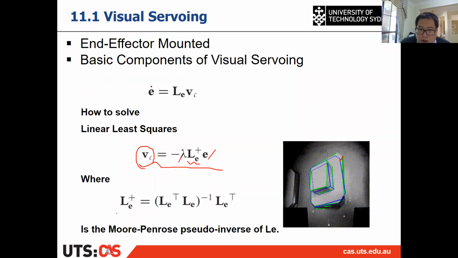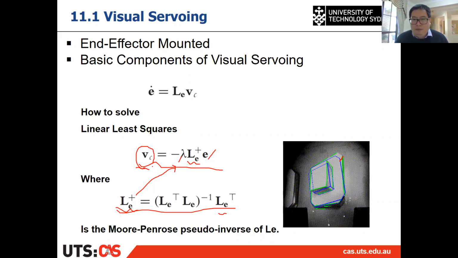The pseudo inverse can be calculated from L. So if we know L, then we can calculate the pseudo inverse of L. When we put it there, then we can calculate the VC, right?